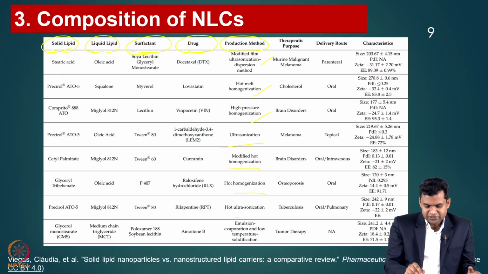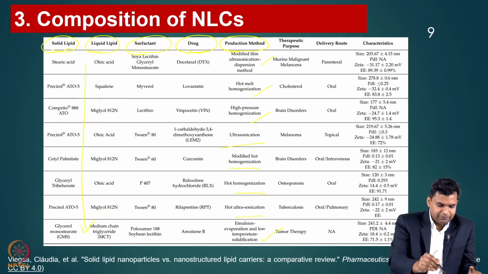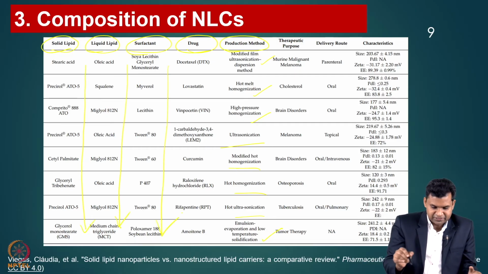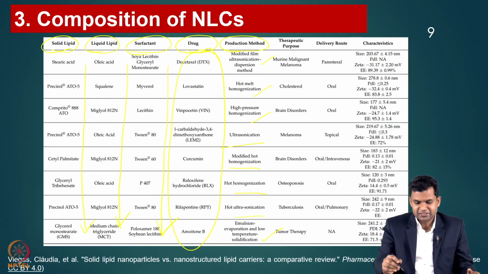Homogenization is one of them, and here you can see some examples of emulsification. These are the various types of solid lipids and liquid lipids. These are the surfactants, and these are the various drugs which we can use for the treatment of various diseases, for therapeutic purposes.